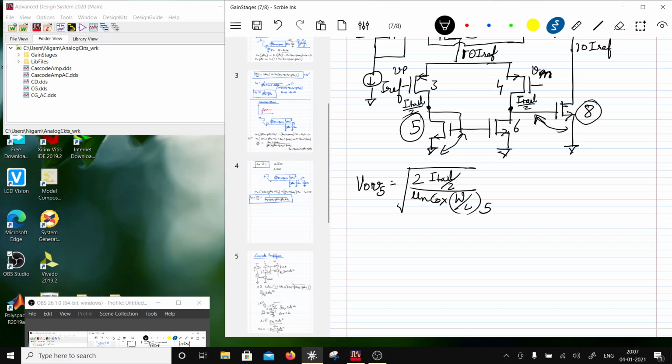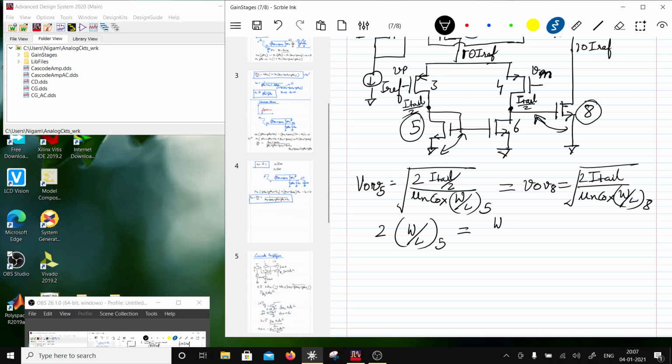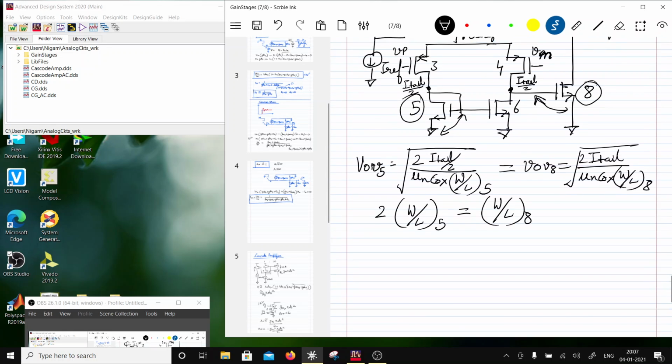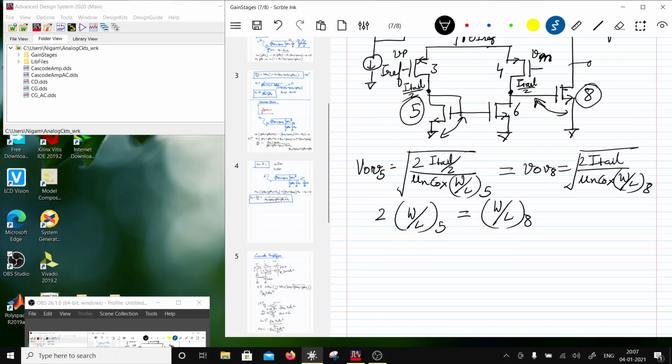This should be equal to V overdrive 8, which is the square root of twice I tail divided by mu n Cox W by L8. So if this is so, then twice W by L5 should be equal to W by L8. This will get rid of the systemic offset voltage, and then you will have an output voltage here.